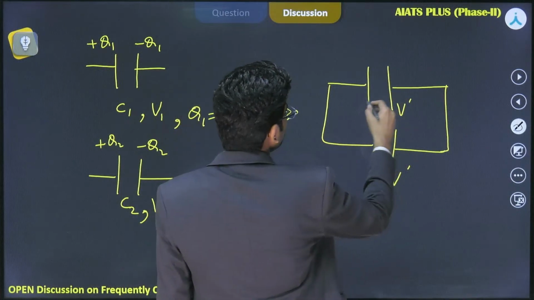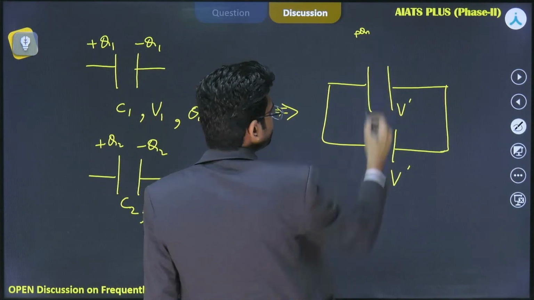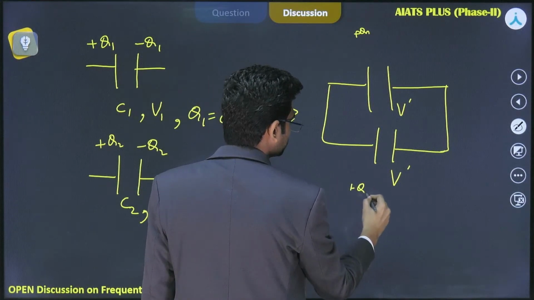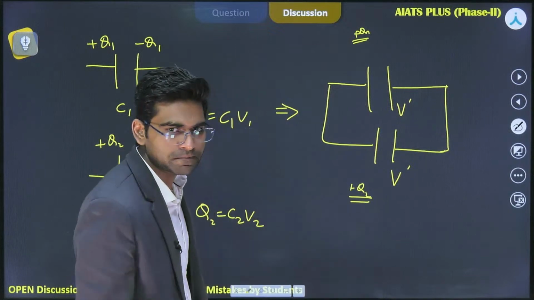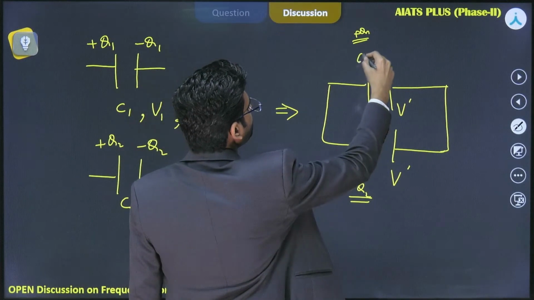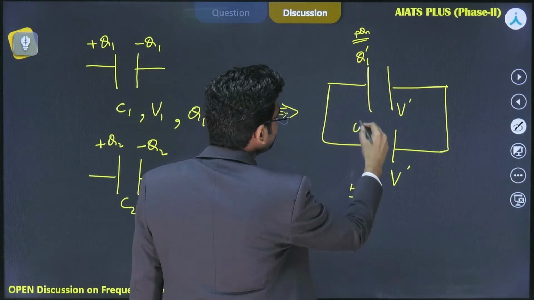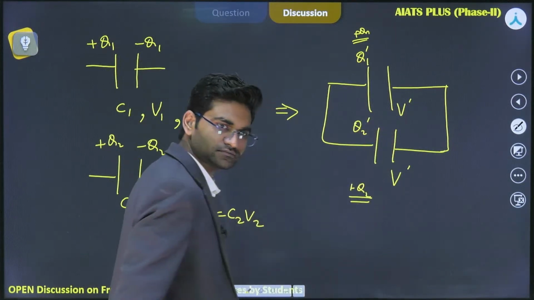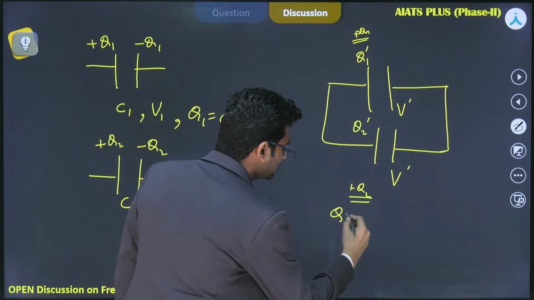What will happen? Let's say this was initially at plus Q1 and this was initially at plus Q2. Okay, these positive plates are connected with each other. The final charge is, let's say, Q1 prime here and Q2 prime here. Now Q is equal to CV.